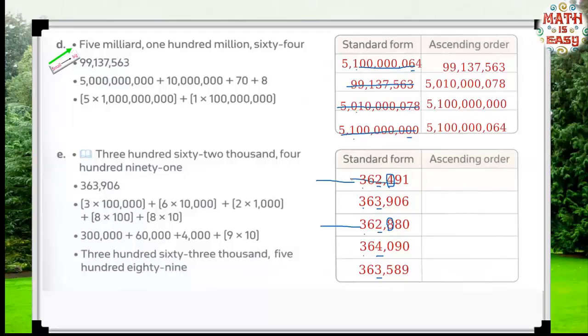So this number is the first, and this number is second. 3 and 3. Make a comparison between this and the last number. We have in hundreds 9, and here in hundreds we have 5. That means 5 is less than 9. And this number is the fourth one, and the least number is 364,90.